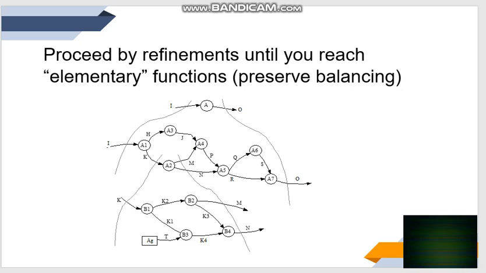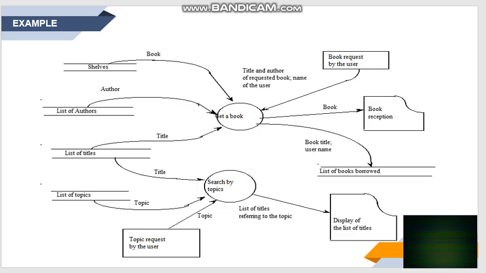With this example, for us to get the book position, we must first find the position of the book, which has the input of book request by the user. So, basically, as the level increases, it elaborates more on the process.